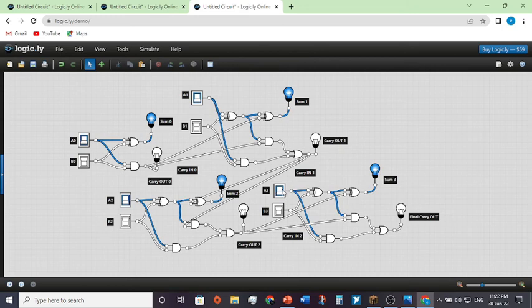Now let's get the decimal representation and then add. Let's say we want to add 12 and 8. 12 and 8 is 20. So let's first put everything to 0. How can we represent 12?